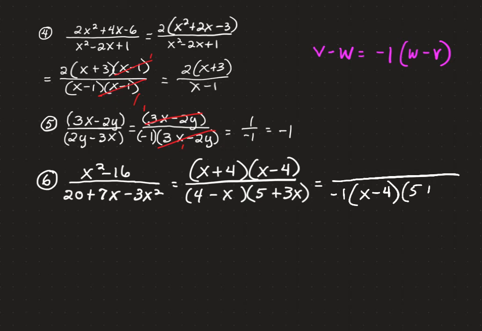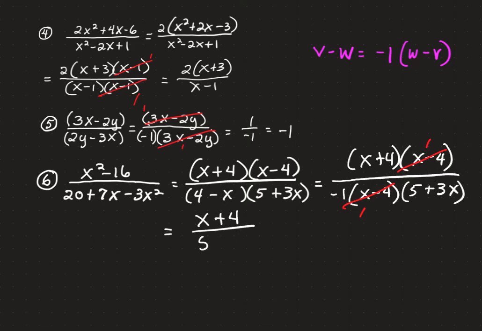And then times the quantity 5 plus 3x. And on top I have x plus 4 times x minus 4. These two will cancel, leaving me with x plus 4 over 5 plus 3x, and the whole thing is negative because of this -1.